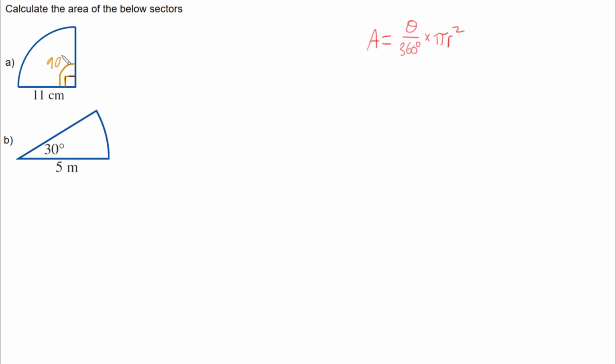Any right angle is 90 degrees, and the radius of my circle, because the center would be here, is 11 centimeters. So if we go to our rule, A equals theta on 360 degrees times by pi r squared, and put in our numbers, I get 90 degrees on 360 degrees multiplied by pi multiplied by 11 squared.